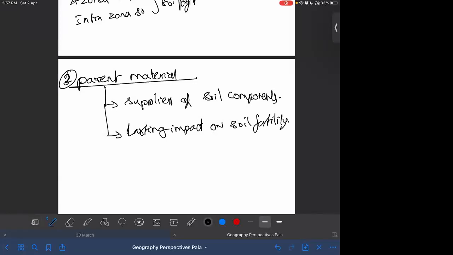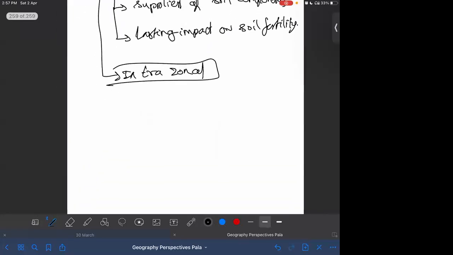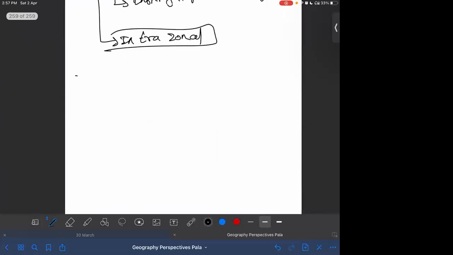So soil fertility will always depend upon the parent material, and also its other natures. When parent material dominates, the soil would be intrazonal in nature. So the development of the soil profile would be intermediate. We'll again come to that. Then there is slope.